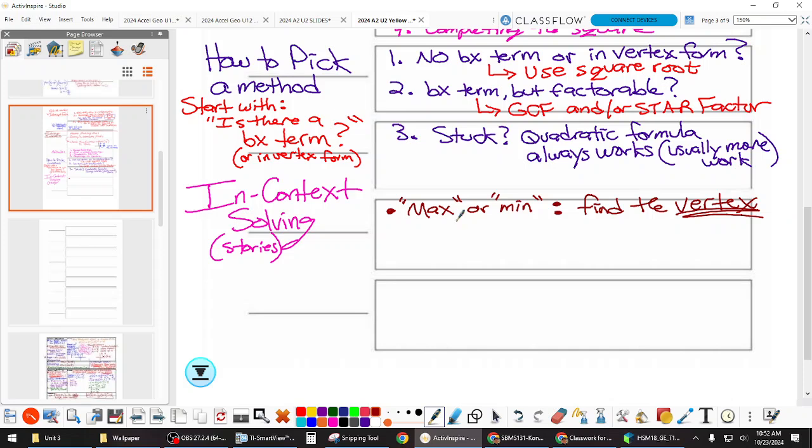So find the vertex, and then carefully choose either the x or y value, depending on the problem. So read carefully.